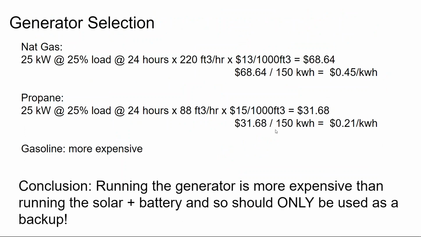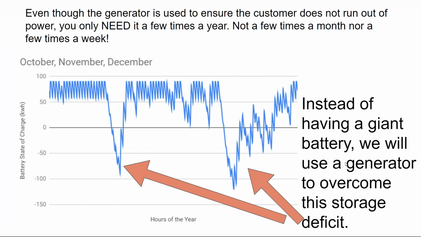Because remember, if you're running your generator every single day in the wintertime, all you're doing is increasing your customer's electric bill and getting them to run off fossil fuel, which is counterintuitive to the off-grid solar lifestyle.